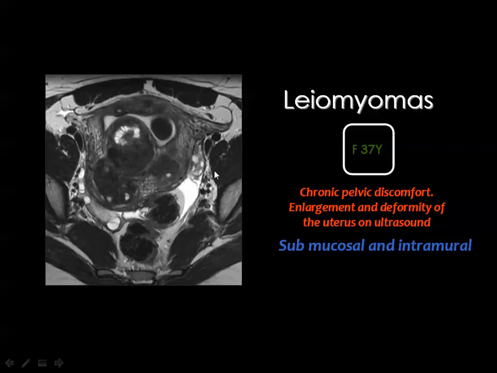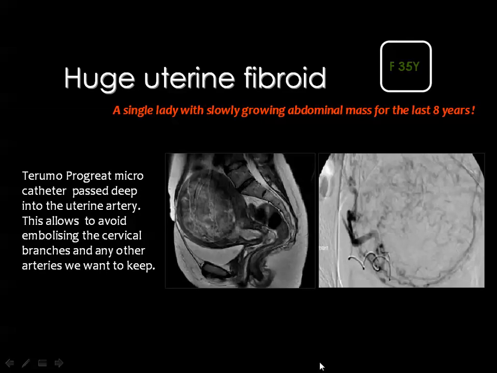And this is an axial image showing the uterus with multiple fibroids, a submucous one inside the lumen and multiple within the wall.